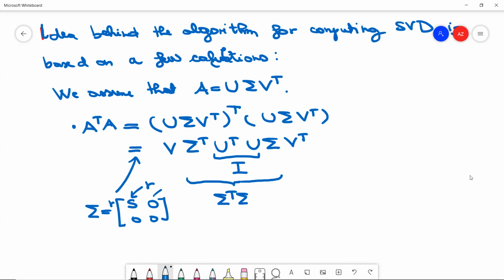So this is M minus R columns and N minus R rows. So it's a block matrix with blocks S, 0, 0, 0. In this decomposition, sigma transpose sigma is just S squared, 0, 0, 0.